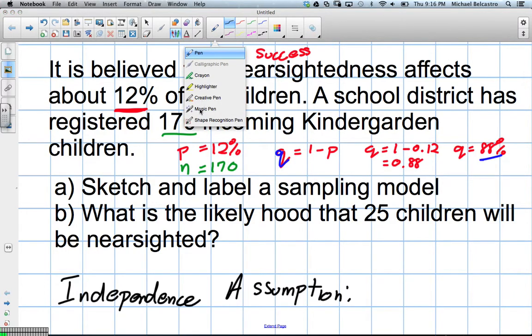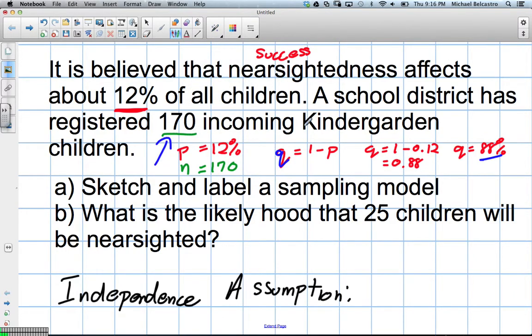Okay, well, let's talk about the 170 incoming kindergarten students. Can we assume that they're randomly chosen? Is it fair to say that it's probably just a variety of kids living in the area, and that they might represent the population at large? An example where this wouldn't be an independent assumption is where maybe this is a specific school for nearsighted kids.